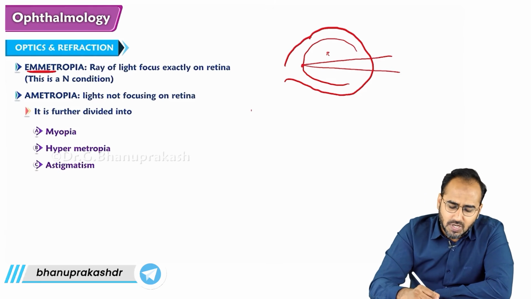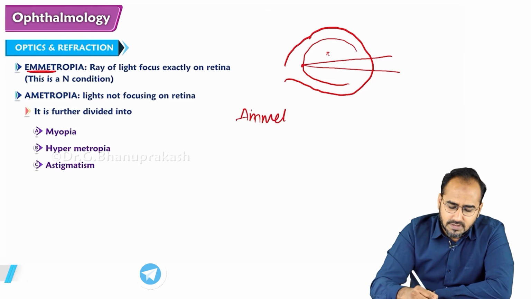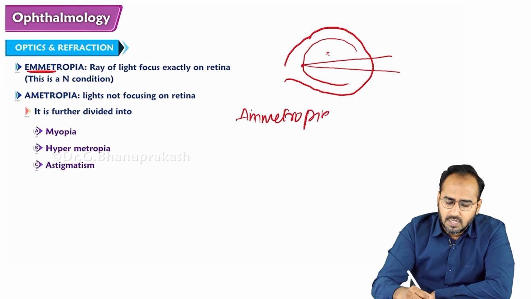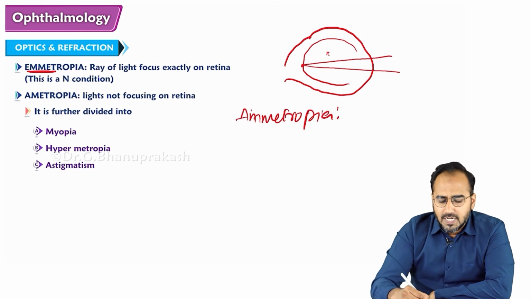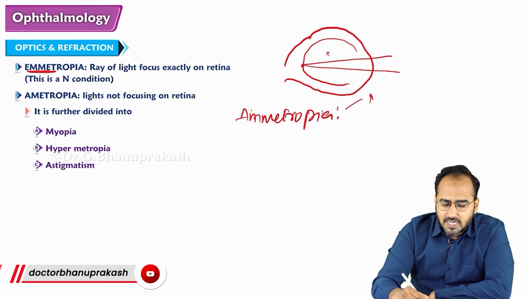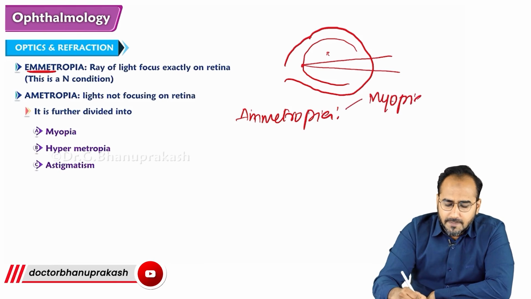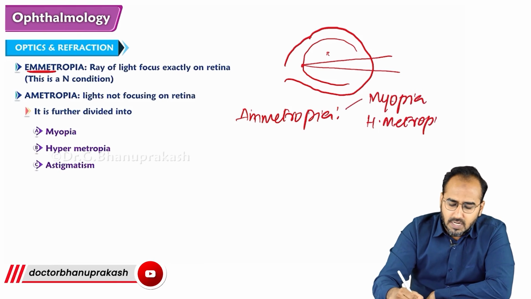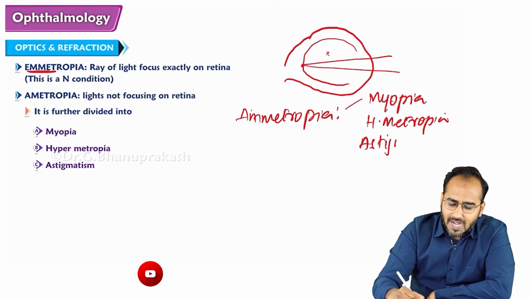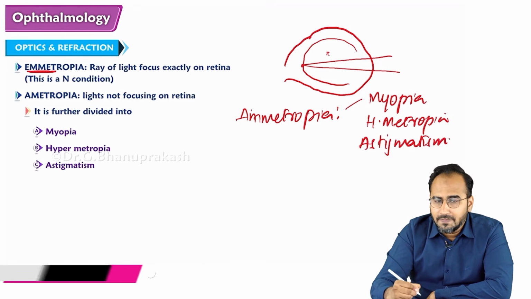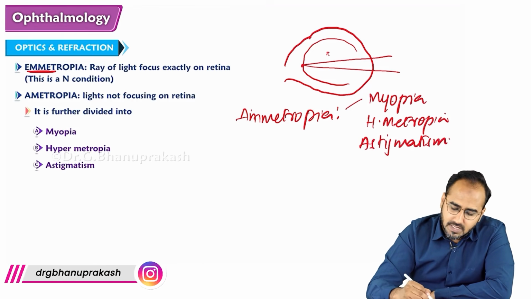Then there is a condition called ametropia. What is ametropia? Ametropia is further divided into myopia, hypermetropia, and one more thing, which is called astigmatism. Myopia, hypermetropia and astigmatism.